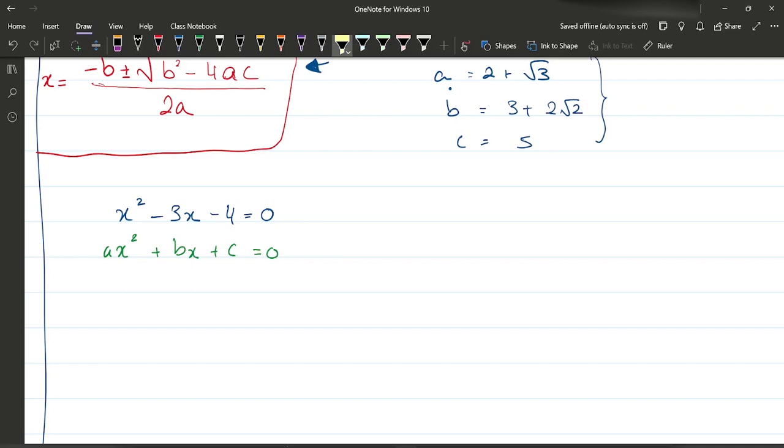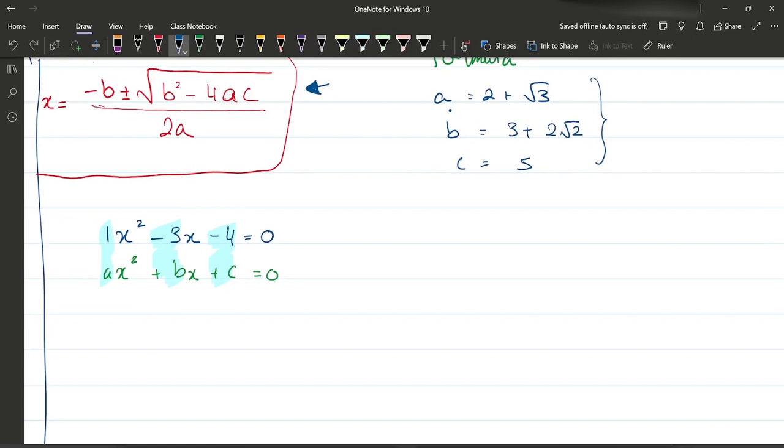So our a here is 1, this is our b, and this is our c. All you have to do is take these values and plug them inside. That is all you have to do.